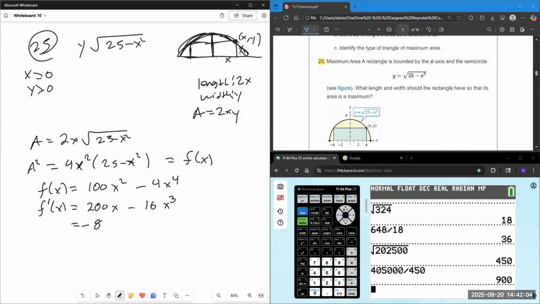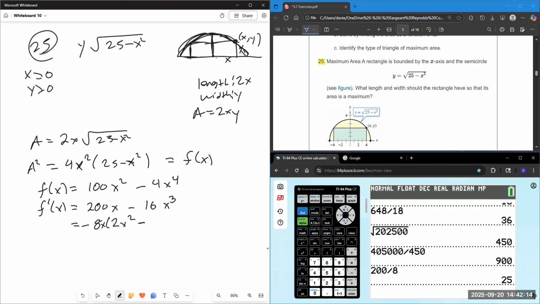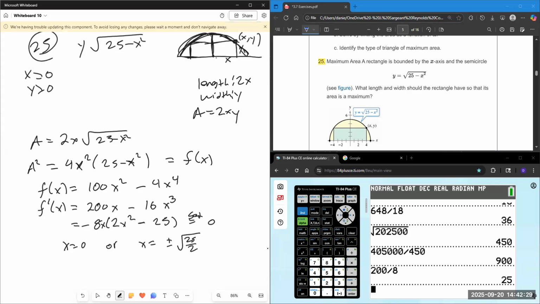I'm going to pull a negative 8x out: 2x squared minus 25. Set that equal to 0. x equals 0, or x equals plus or minus root 25 over 2. And x has to be a positive number. We just said that. So x has to be 5 over root 2, which is 5 root 2 over 2.